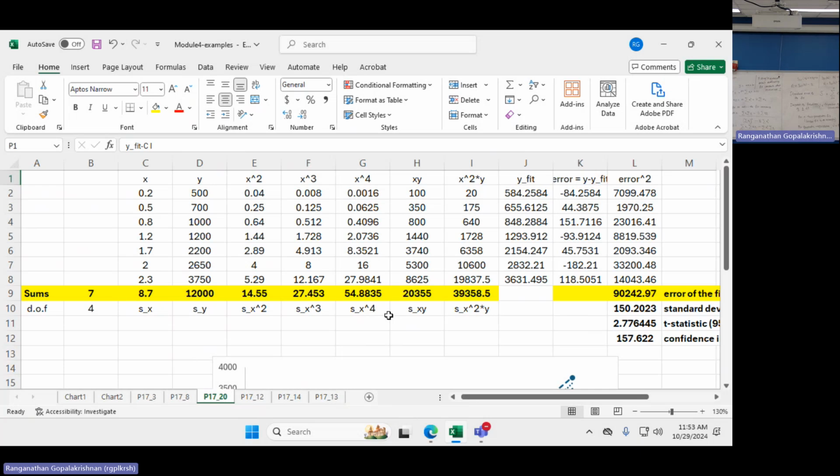The first equation is sigma y equal to a1 sigma x to the 4 plus a2 sigma x cube plus a3 sigma x squared plus and so on, a naught n. It's like literally multiplying one more x to generate more equations. Okay.